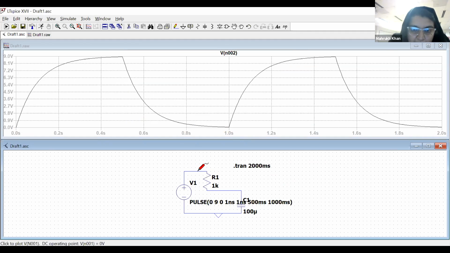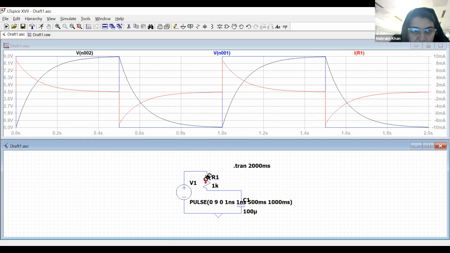If I put my probe here, I can see the input voltage. This is input, and this black line is the voltage across the capacitor. And this is the current across R1. Is it good? Yeah.